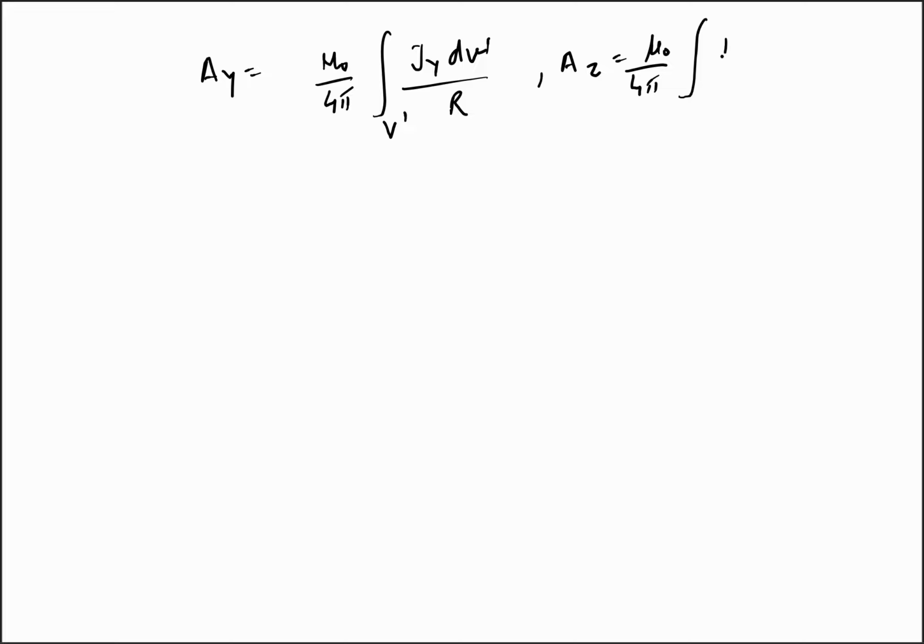So Ay will be mu naught upon 4 pi integral of Jy dv dash over r over the full volume v dash, and Az is equal to mu naught upon 4 pi integral of Jz dv dash over r over the full volume v dash. And for the sake of completeness, on this slide I will write Ax also again.